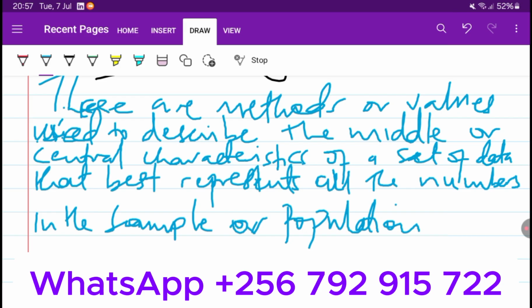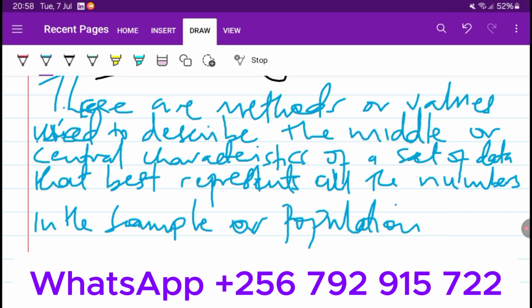So, of course, they show the average position of a given distribution of data. The measures of location or measures of central tendency show the average position of a given distribution of data.